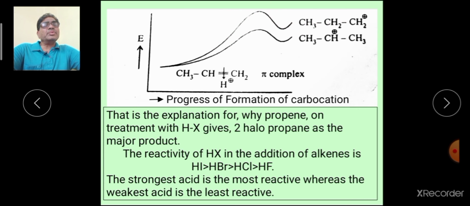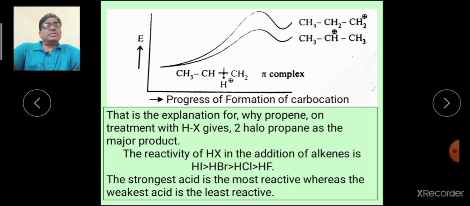Therefore the formation of the more stable carbocation, the secondary carbocation, is achieved by the breaking of the pi complex, and propene on treatment with hydrogen halide gives 2-halopropane as the major product.